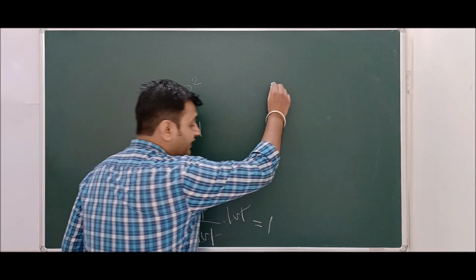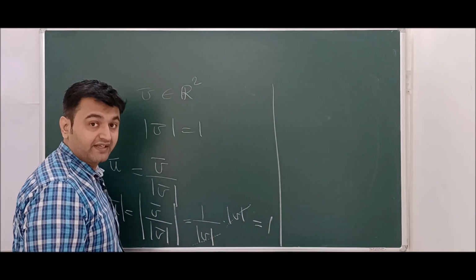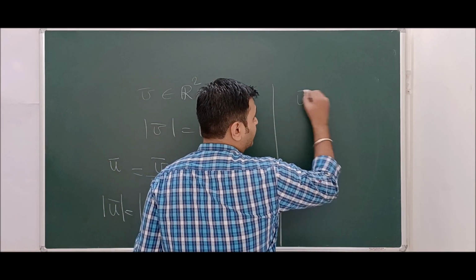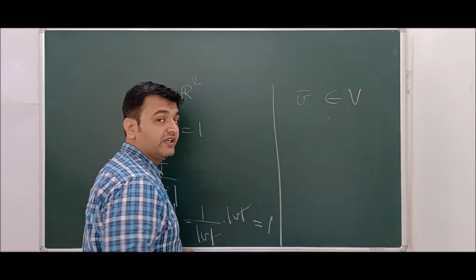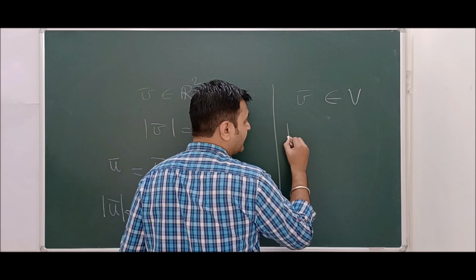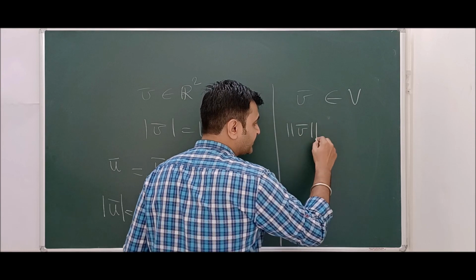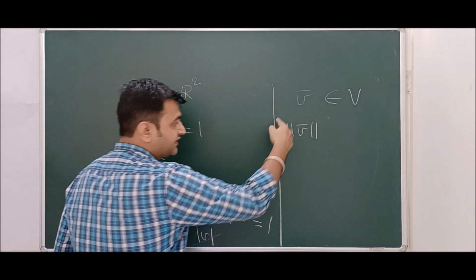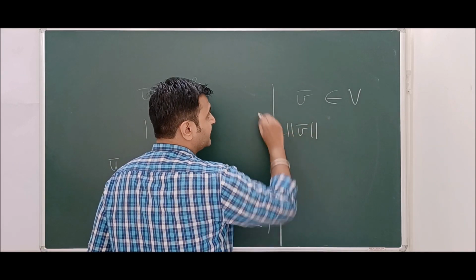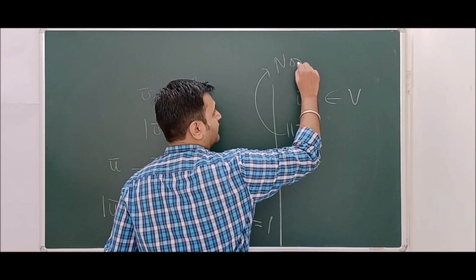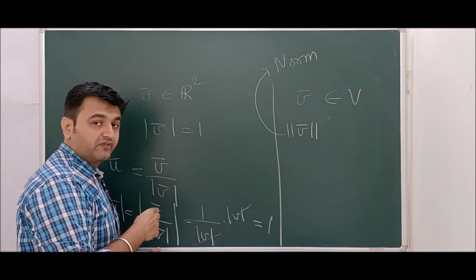Similarly, when you are in an inner product space, an arbitrary vector space, if you have a vector which is not a unit vector, what you do is you find the length of the vector. Now what is the generalization of length? It is nothing but two vertical lines. This is called the norm of a vector. Generalization of length is norm.